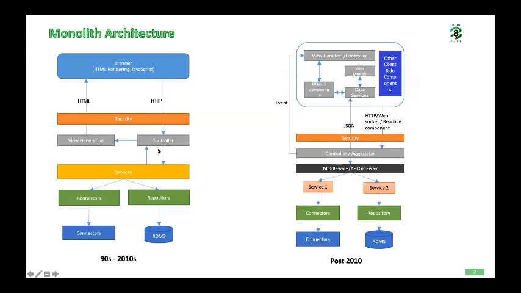In this layer, we used to call via methods, but now, like in 2010, we usually call by API. We call it API because we don't directly call those methods; we exchange the data via JSON.